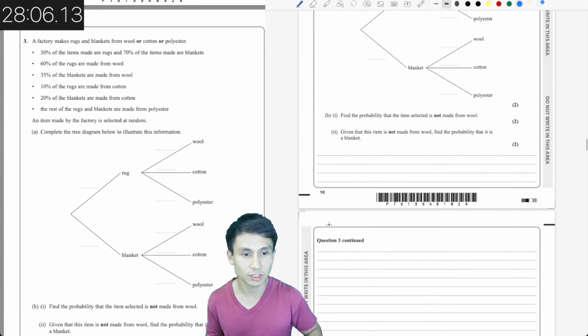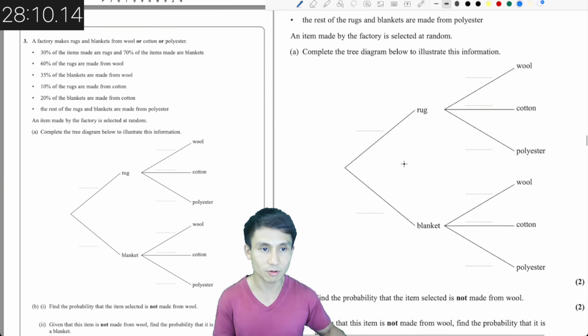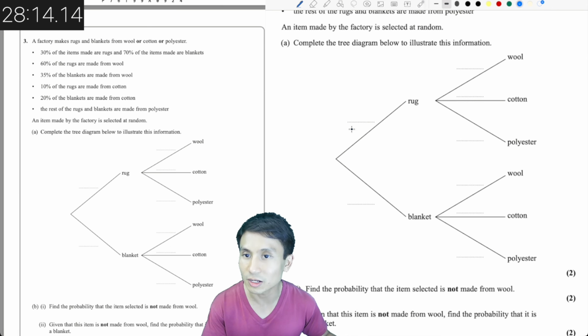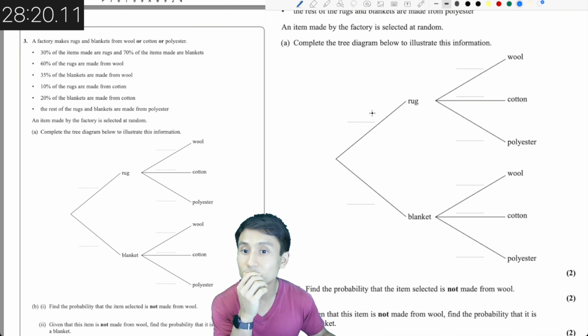It's a long tree diagram there. So A, we need to complete the tree diagram below to illustrate this information. A factory makes rugs and blankets from wool, cotton and polyester. 30% of the items are rugs, and 70% of the items are blankets.